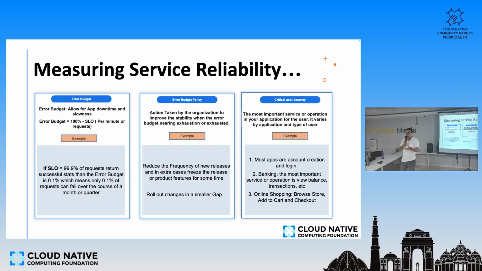To give the example again, the transaction, view balance, and sending payments are your critical user journey services. But the loan or service request or other services like reward services are not a critical journey. That depends again on the business need.